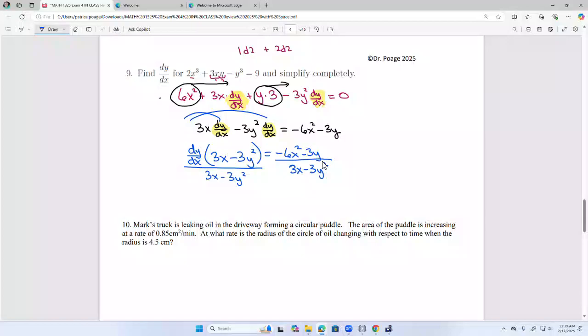And then I need to see if I can pull anything out, cancel anything. And the only way that happens is if you can pull out a common factor on top, which I could. I could pull a 3 out on top. Leaves me with negative 2x squared minus y. And I can pull a 3 out on bottom. Leaves me with x minus y squared. So I can cancel that 3. So I get that dy dx equals negative 2x squared minus y over x minus y squared.